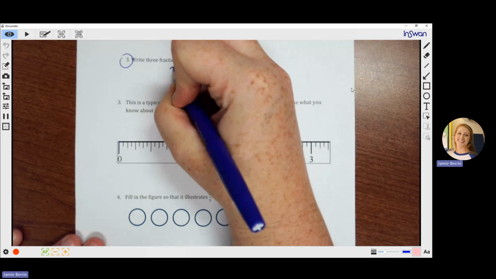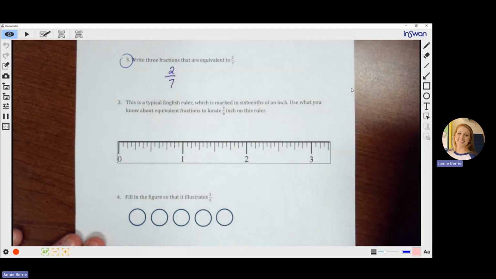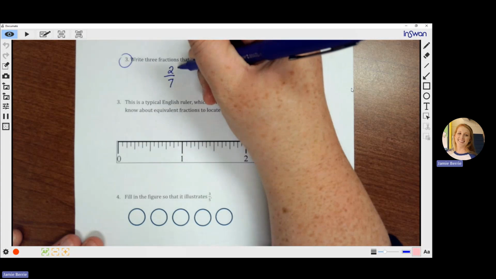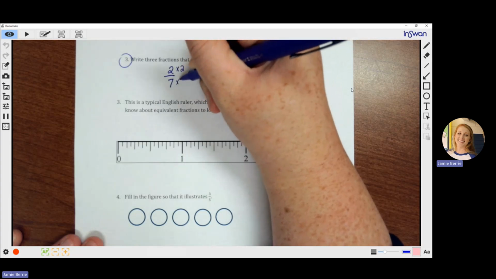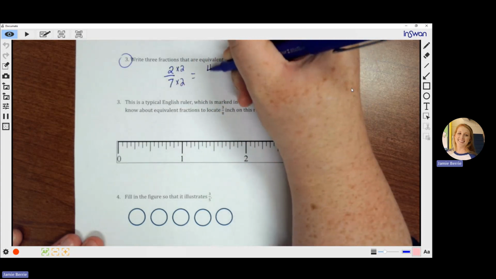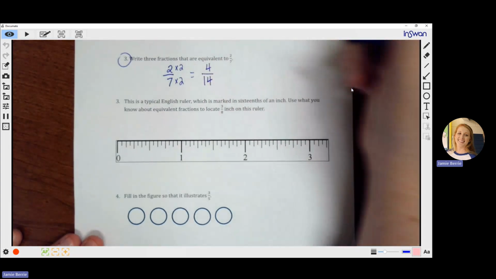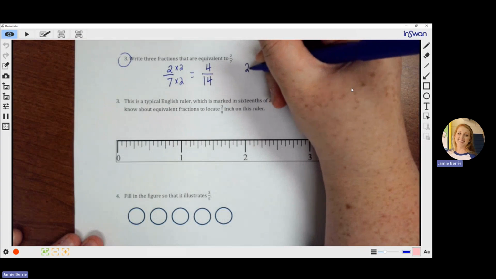What I'm going to do is take 2/7, and to create a fraction that is equivalent to that, it's just going to be a multiple of this fraction. So, for example, I can multiply the top and the bottom by 2 to create a multiple of 2/7, which is 4/14. You can multiply it by 3 to get another equivalent fraction.